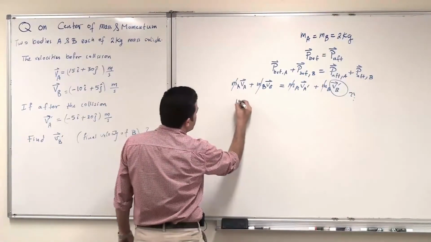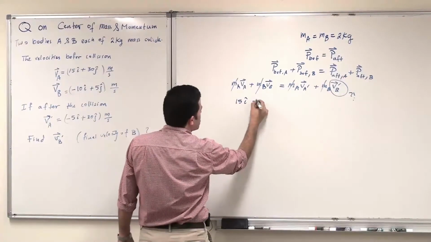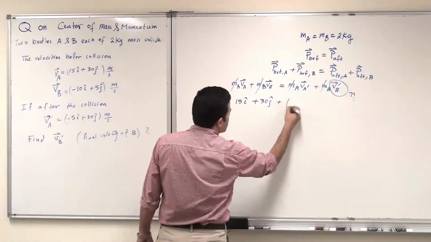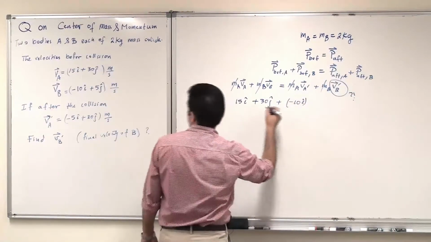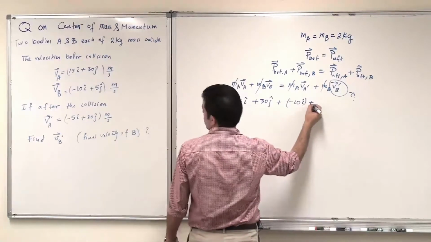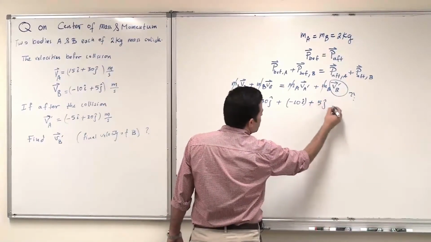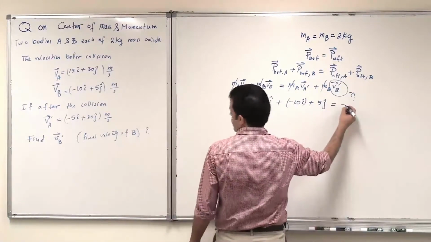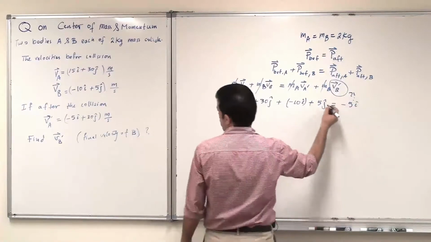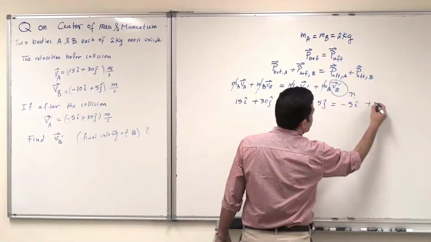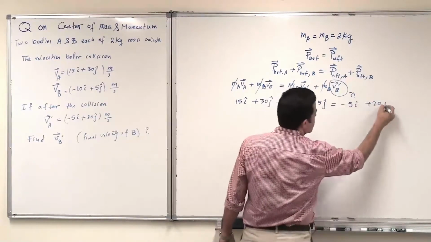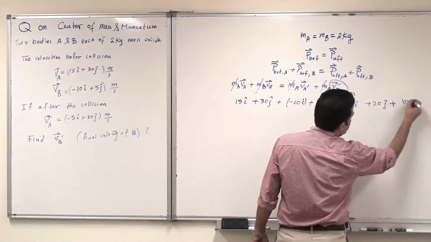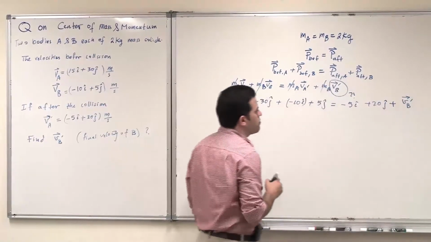So VA is 15 i hat plus 30 j hat, and VB before is minus 10 i hat plus 5 j hat, and should equal the velocity of A after, which is minus 5 i hat plus 20 j hat, plus the unknown, which is VB prime, this vector.